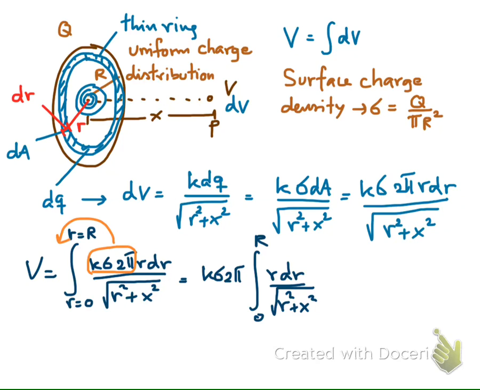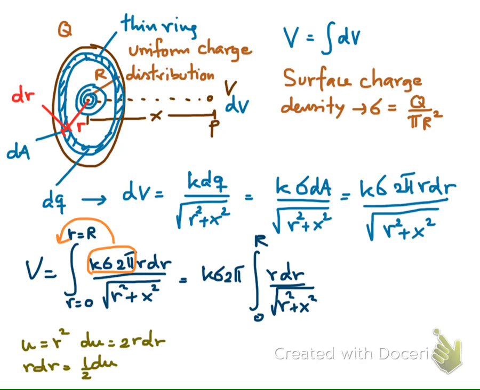The integral here is quite simple because we can change the variable. If we use u equal to r square, you can see that du is equal to 2r dr, or r dr is equal to half of du.